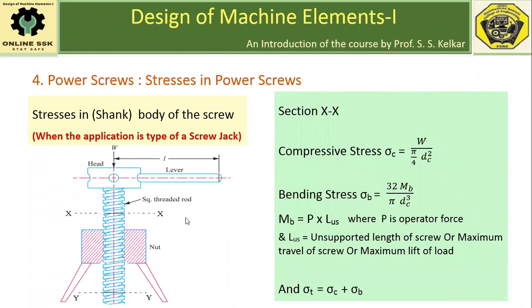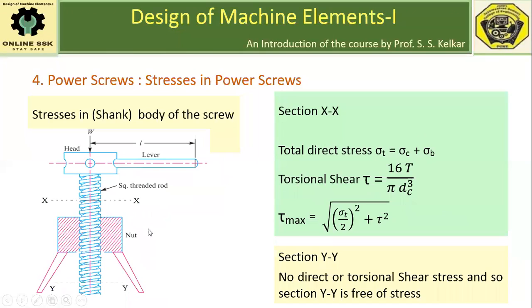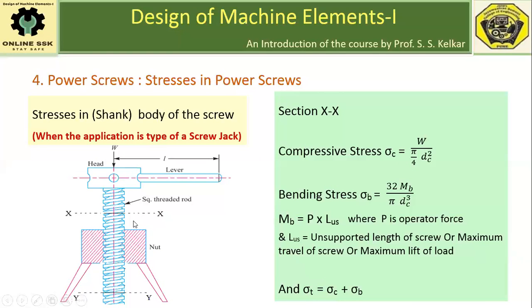Now, if the application is a screw jack, then we have to deal with the stresses developed inside the screw of the screw jack differently. Here also we are going to take into account two different sections, section XX and section YY, as specified here. Here it is the nut, and here is the head of the screw.